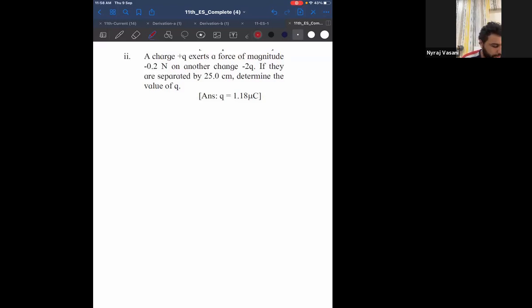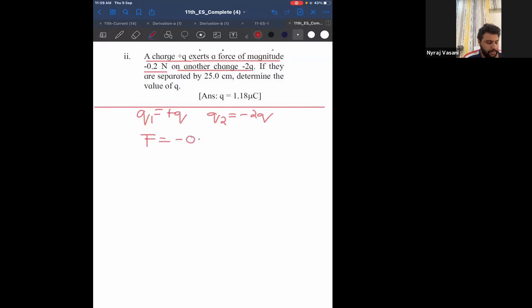Okay, so listen to this. A charge plus Q, that means the first charge given is plus Q, exerts a force of magnitude minus 0.2 Newton on another charge minus 2Q. That means Q2 is minus 2Q, and the force between them is minus 0.2 Newton.